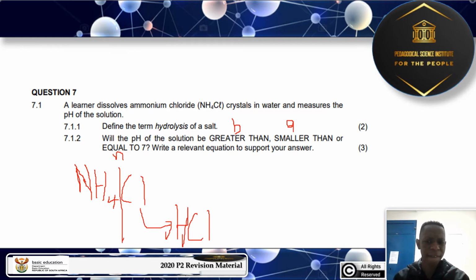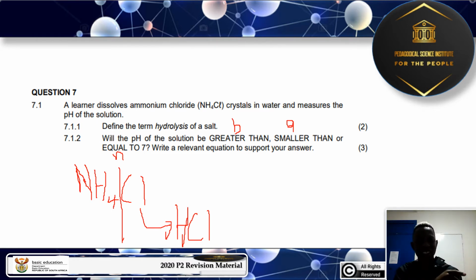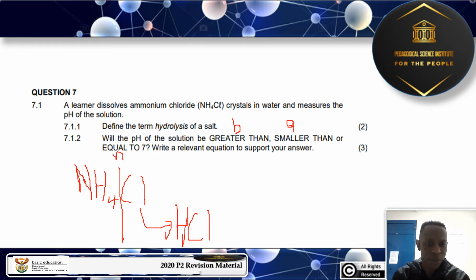And NH4, a base, gained an H. What was the previous compound? It was NH3. NH3 is a base, that is why it has gained an H and becomes NH4+.